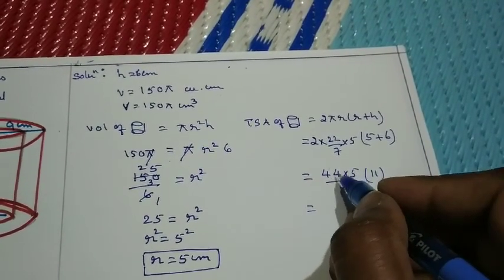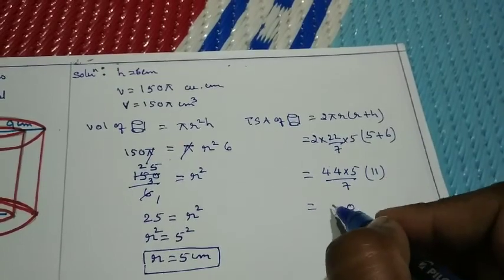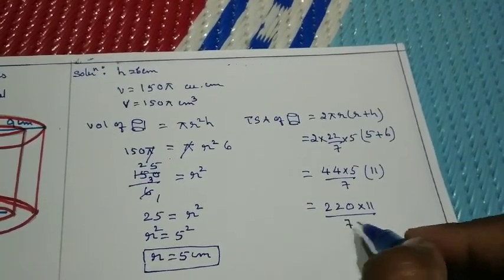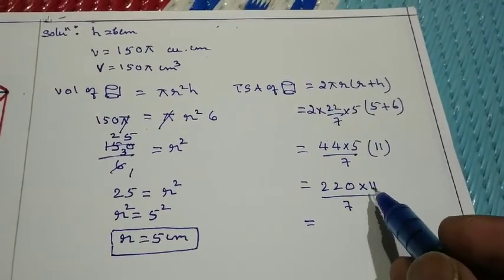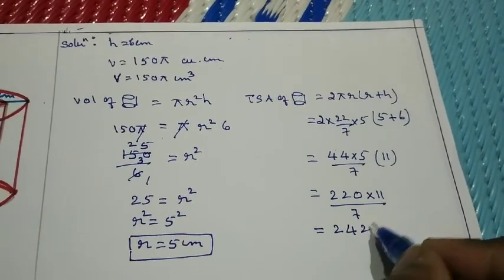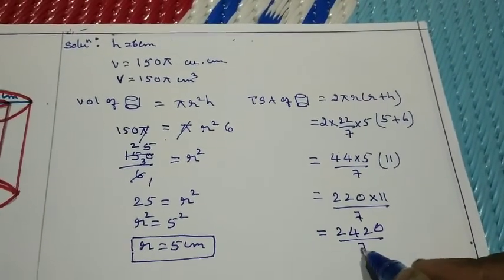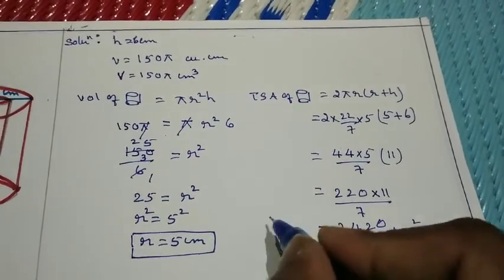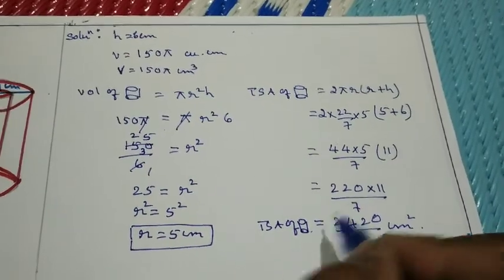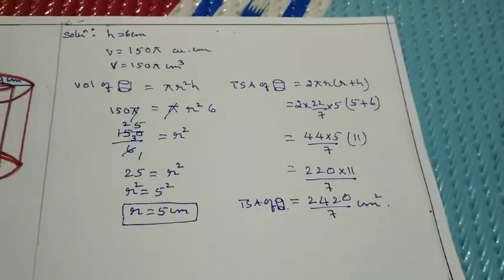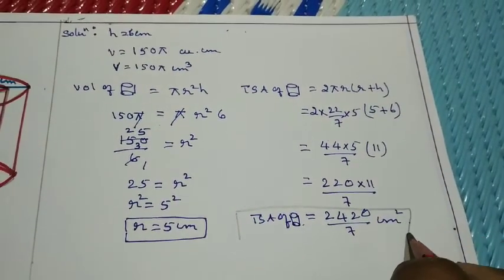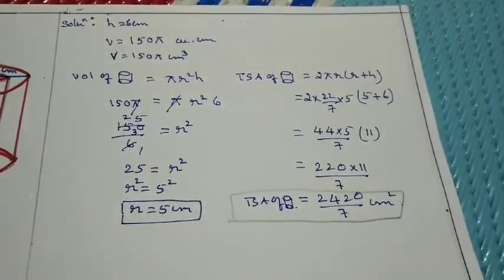Multiply. 5 4s are 20. 22 into 11 divided by 7 gives 242, and this 0 as it is, divided by 7 centimeter square. So we'll keep it in a fraction only. So we got the TSA of cylinder as 2420 by 7 centimeter square.